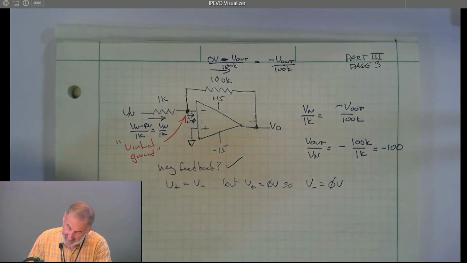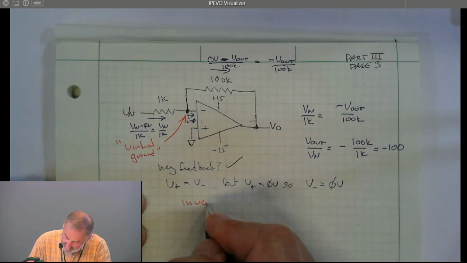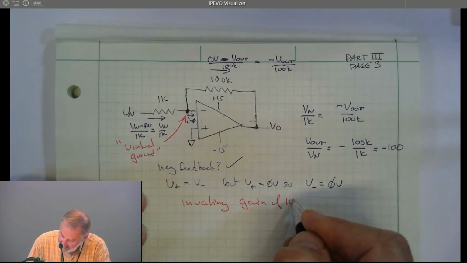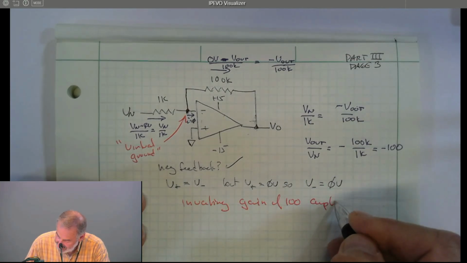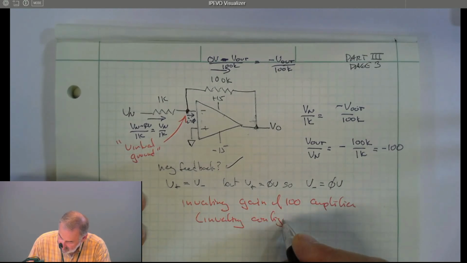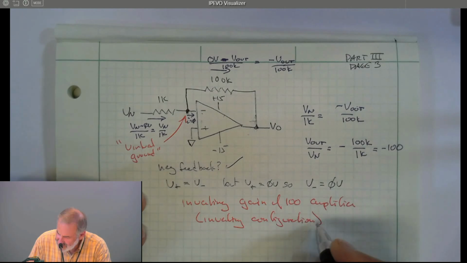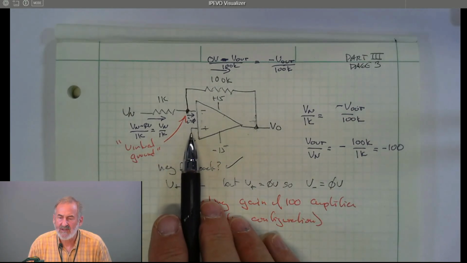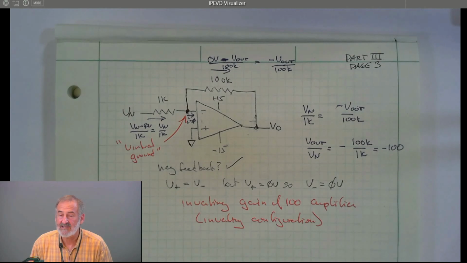This is an inverting gain of 100 amplifier. So this is the inverting configuration. And you can usually tell the inverting configuration because the positive input is grounded, and in the non-inverting configuration, the positive input is usually our input voltage.